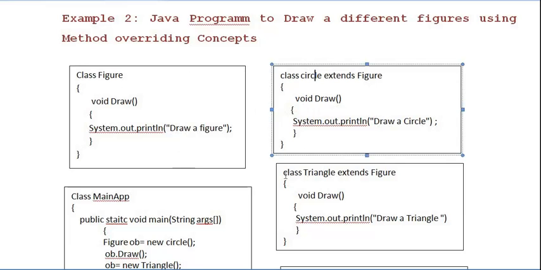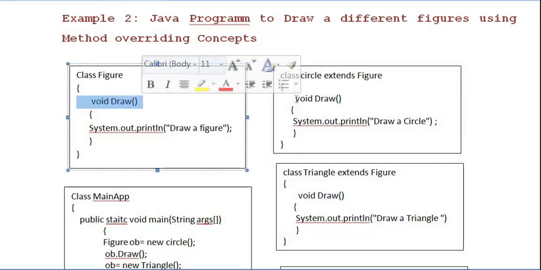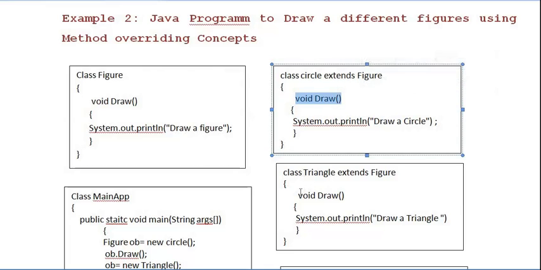Next, coming to one more class I derived from the class Figure, that is extended from the Figure class. There is a draw method here. The signature of this draw method is the same. So it means that this is the superclass draw method, and this is a derived class draw method, and once again this is a derived class draw method.